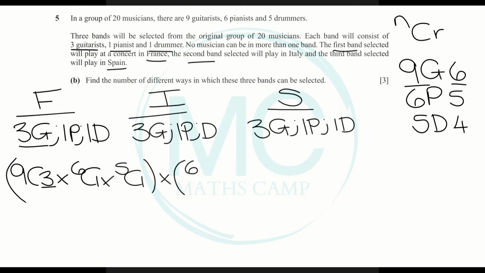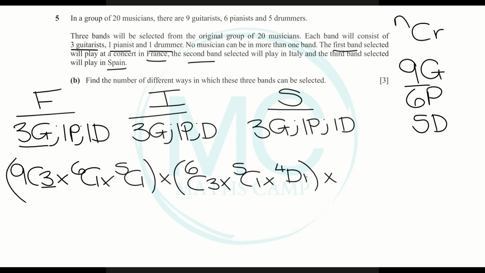We can say 6C3 and 1 pianist out of the 5 remaining, 5C1, and 1 drummer out of the 4 remaining, 4C1. This is the band going to Italy. So before we move on to Spain, let's quickly just see how many musicians we still have to work with.